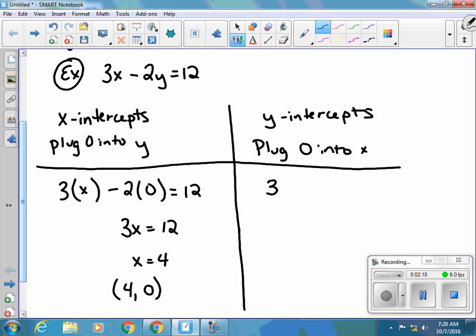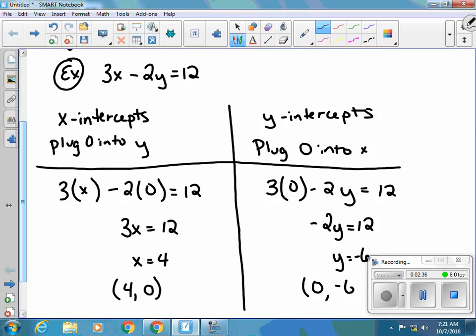Over here on the right, I've got 3 times 0 minus 2 times y equals 12. We know that 3 times 0 cancels. The negative carries with it, so don't forget that. I'm going to divide by that -2 to get -6. I now have a point at (0, -6).